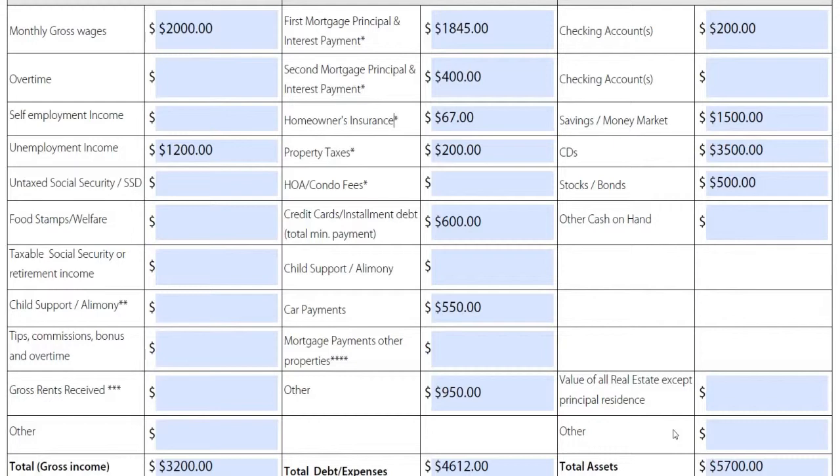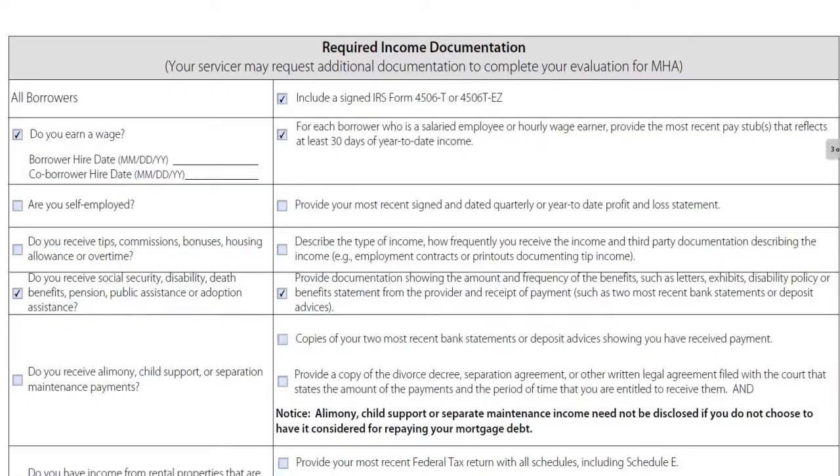So if you have accounts in other places, or if you have property somewhere else and you don't disclose it on this form, you run the risk of getting denied just for that purpose. So make sure that you are being truthful when you fill out this form. If you do have other assets, don't worry, it wouldn't necessarily exclude you because you do have other assets. So make sure you're filling out this as accurately as possible.